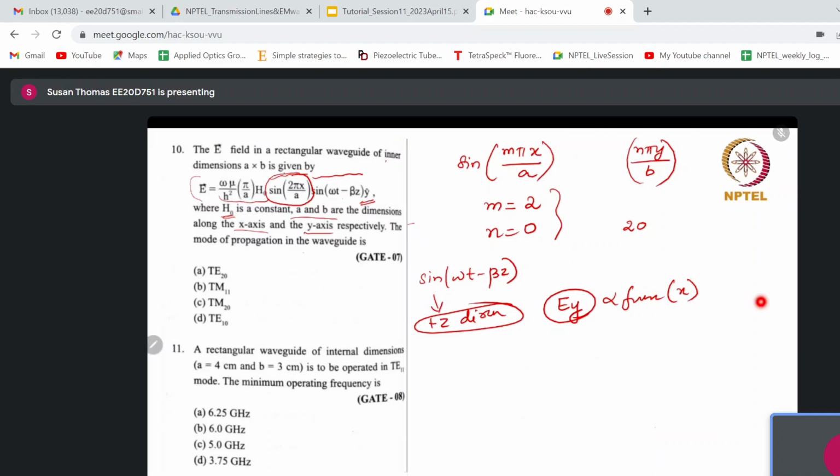There is no component along the direction of wave propagation, which means Ez is 0. For Ez equal to 0, we call that mode TE mode. So joining all these dots, it's TE20 mode, and the answer is option A, TE20 mode.